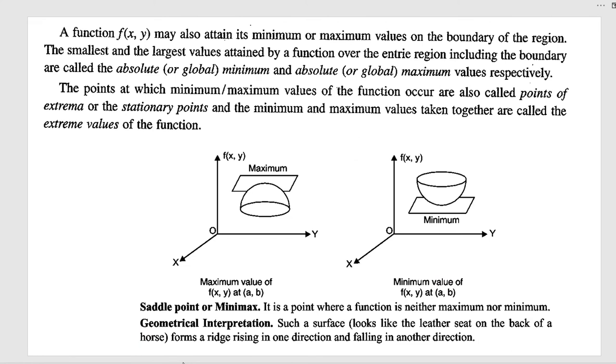So that's the definition. Now as you can see, geometrically a saddle point is neither a maximum nor a minimum. Whenever we have a maximum case, you can say this is concave downward.